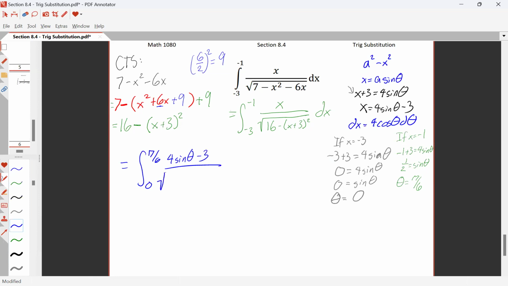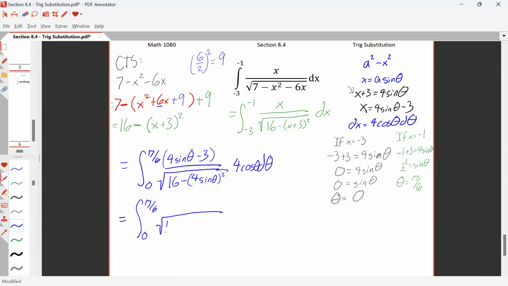The square root is 16 minus x plus 3 squared, or 4 sine theta squared. And d theta, or dx, is 4 cosine theta d theta. Some simplifications. 4 squared is 16.